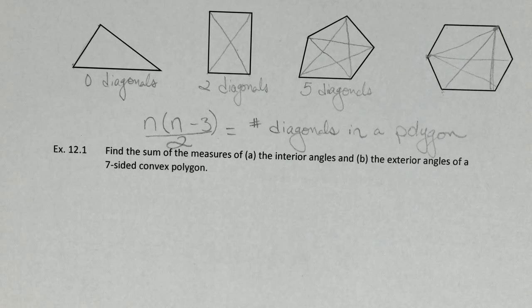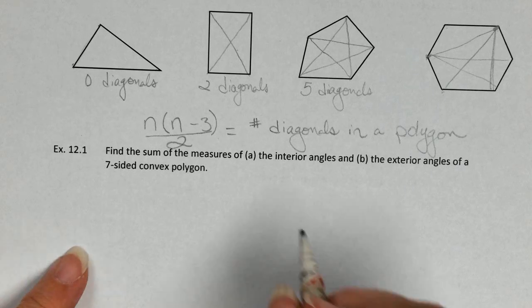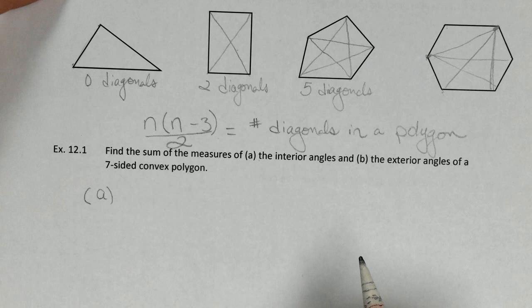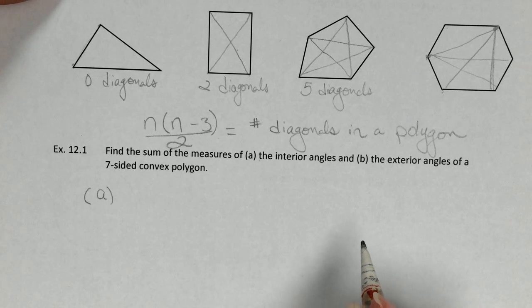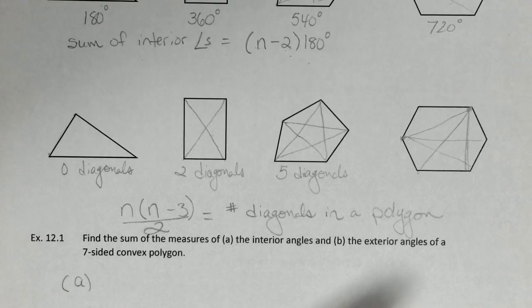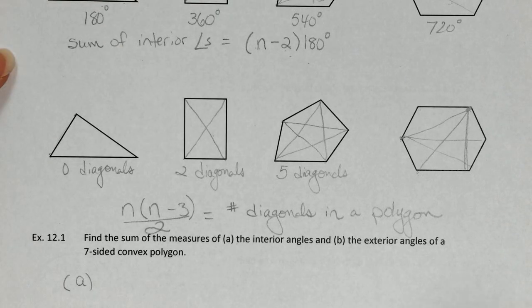Find the sum of the measures of the interior angles and the exterior angles of a 7-sided convex polygon. Okay. So for A, it's the interiors. Let's look at our sum of the interior angles we had up in the notes. Okay, sum of the interior angles was n minus 2.